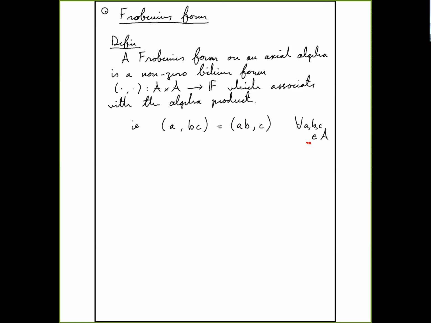And this must hold for all elements in the algebra. This is motivated by the fact that we see such a bilinear form in the Griess algebra, and VOAs also have a similar concept.